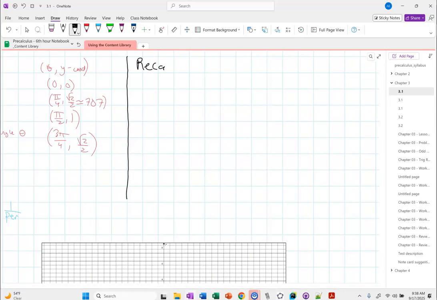So last year, you guys talked about parent functions and transformations of a parent function, right? So when you talked about quadratics, we talked about y equals x squared as the parent function, and your general resultant function then you said was something like this, right?